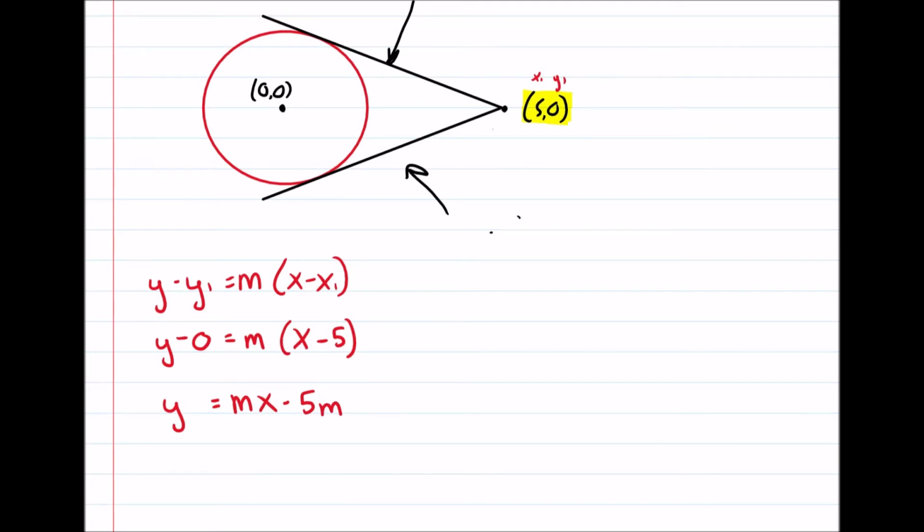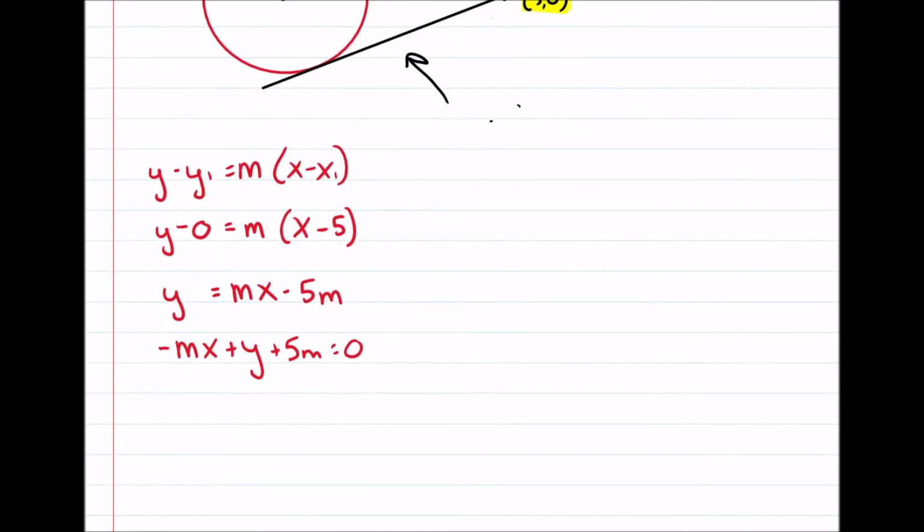And what we'd usually write, we'd write it in this form then, minus mx plus y plus 5m equals 0, and remember I hate starting with a minus x, so change the signs the whole way across. So there's our equation of a line, but the only problem is we don't know what m is. If we knew what m was, which is the slope of each of these, well then we'd be able to find out what the two equations are, but we don't.